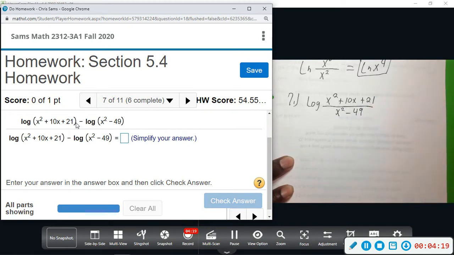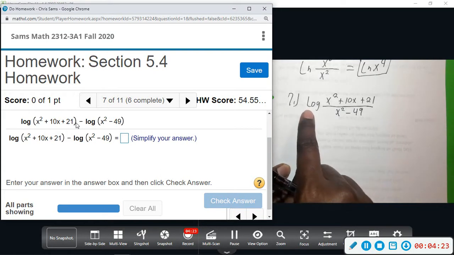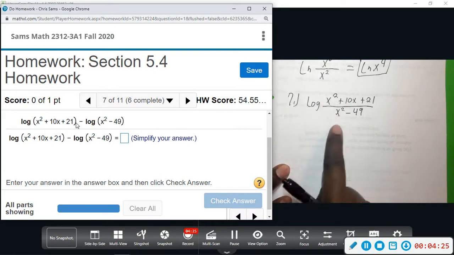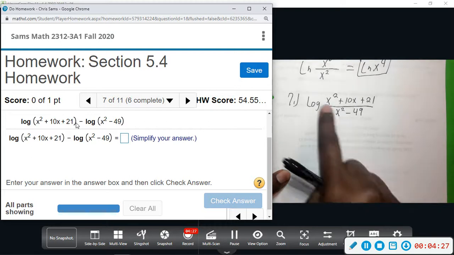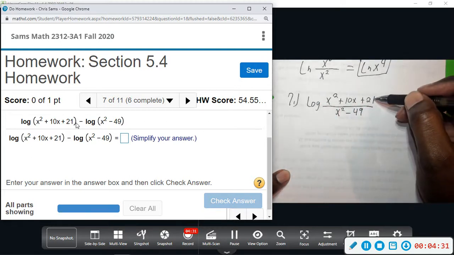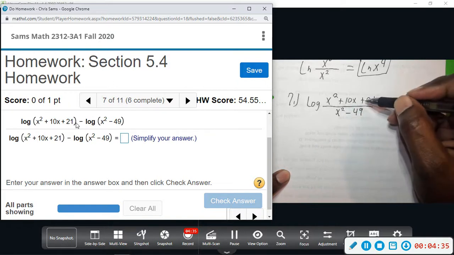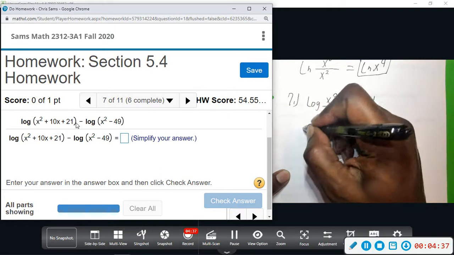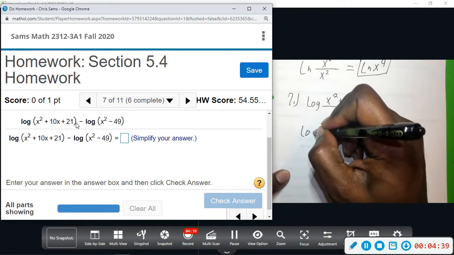Alright, so we can do that at least. We can use that subtraction property and do division. Now we can try to see if these will factor, and they will, because 7 times 3 is 21 and 7 plus 3 is 10. So we will factor these two and see if we can reduce something out.